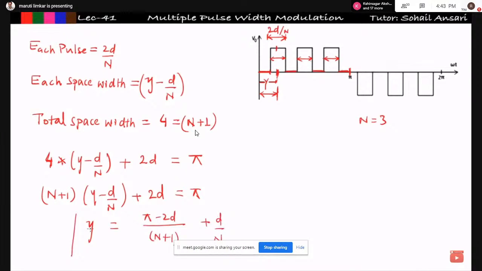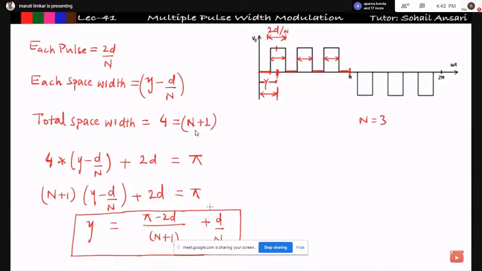If you see the PS Mimra book, you will not be able to understand, because they derive the expression considering 2 pulses and then give the general formula of gamma, so you would have to mug it up. Instead, you can proceed like this to find gamma equal to (pi minus 2D) by (n plus 1) plus D by n, where n is the number of pulses. In this way, we can find the value of gamma.